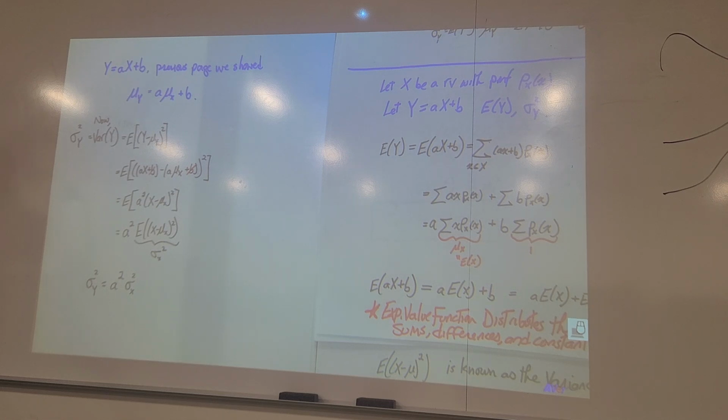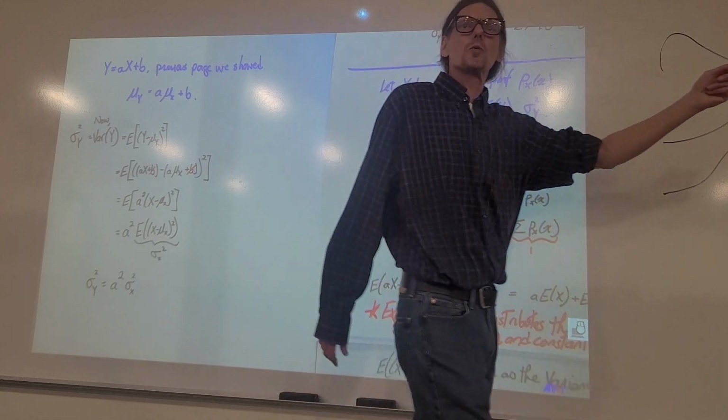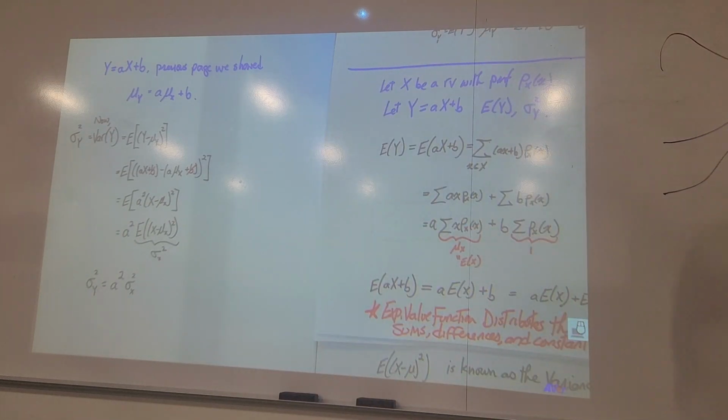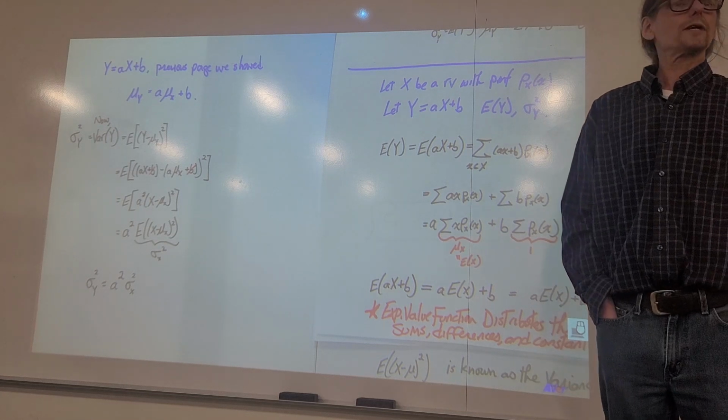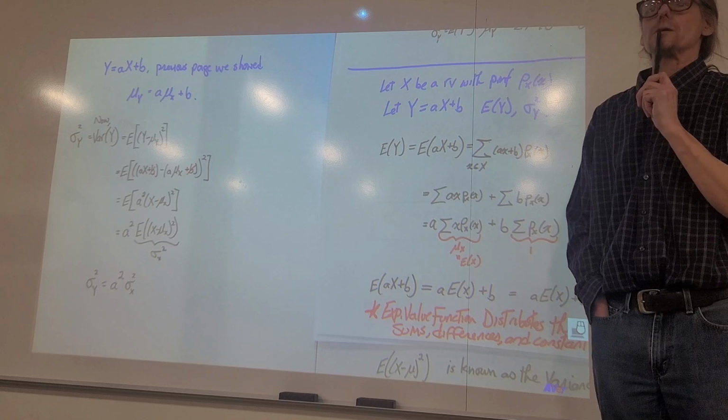Well, why is that? Look at that. First off, in the variance of y, I see that the b's disappeared. Can you argue with me one way or the other why those b's disappear? Don't forget what variance is. It's a measure of variation.